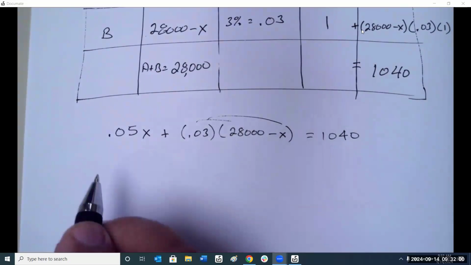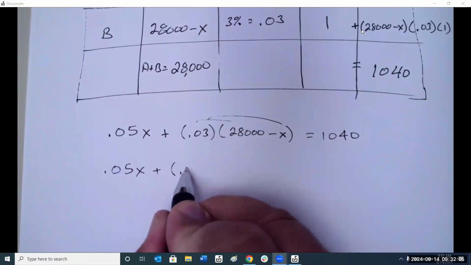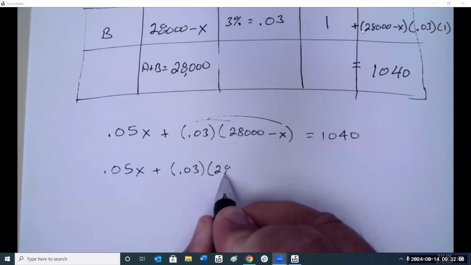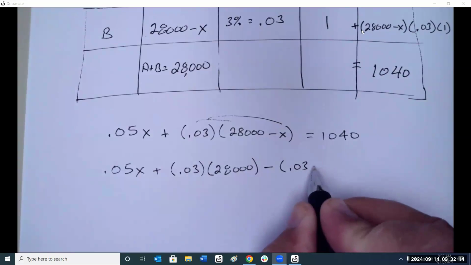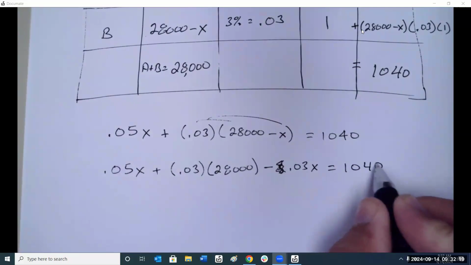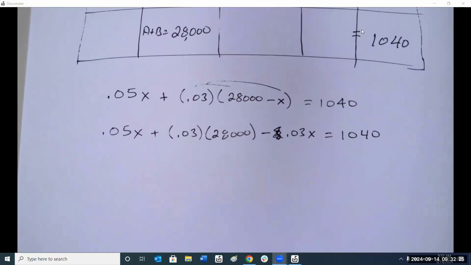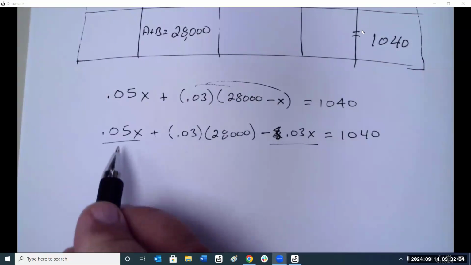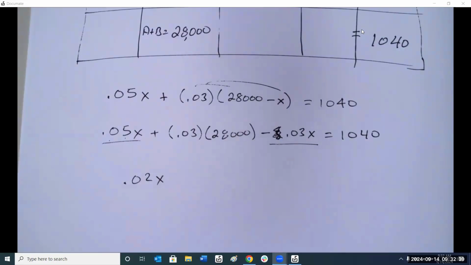Distribute, get rid of the parentheses. So we have 0.05x, 0.03 times 28,000 minus 0.03x. We got rid of parentheses so we can combine these two like terms. 0.05 minus 0.03 is 0.02x.